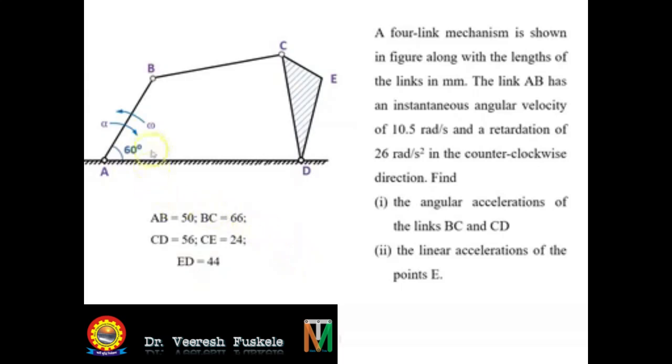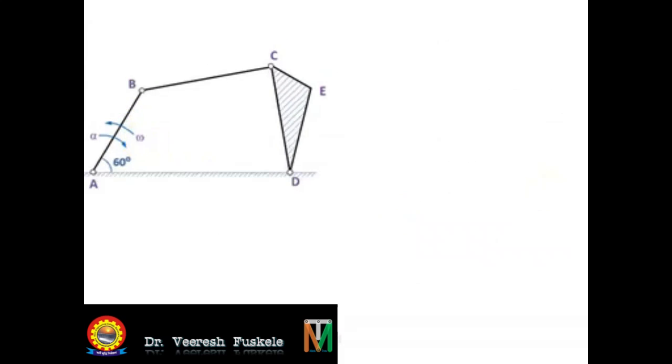In order to draw the velocity diagram, we have to start with finding the velocity of link AB, as we are only given the angular velocity of the link AB. So we can find the linear velocity of the link AB and proceed with the velocity diagram.